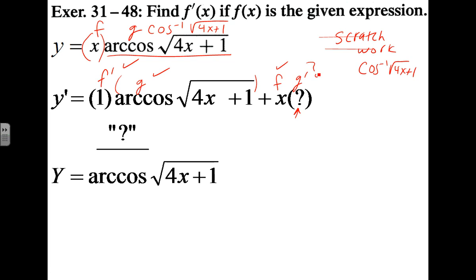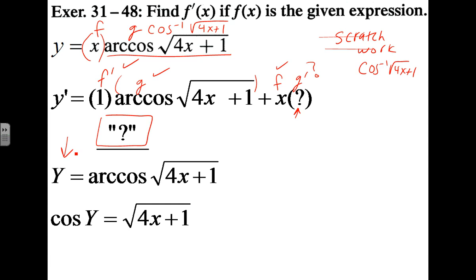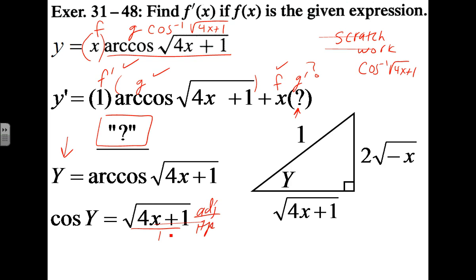This is scratch work, like I said. So here's what the question mark would be. All right, I'm trying to figure this out. Step number 1 is to rewrite it. This is a different y, just so you don't get confused with the problem. And then you have the cosine. Your picture is going to be adjacent over hypotenuse, if you want to look at it that way. So then you're left with 1 and 2 times the square root of negative x. How'd that work out?